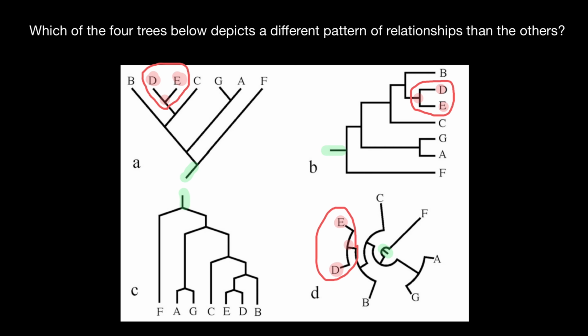On diagram C, we also see D and E, and the most recent common ancestor is going to be here, and we can also circle them and arrange them into one clade. So far so good.